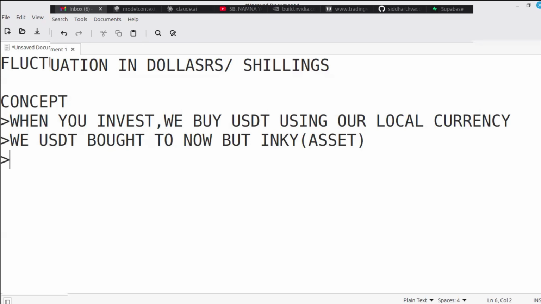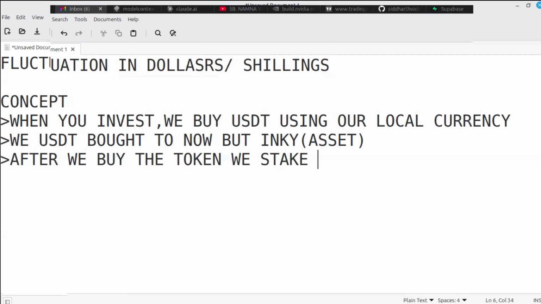Now, the next step is after we buy the token, we stake it. Okay, this is now the investment part.